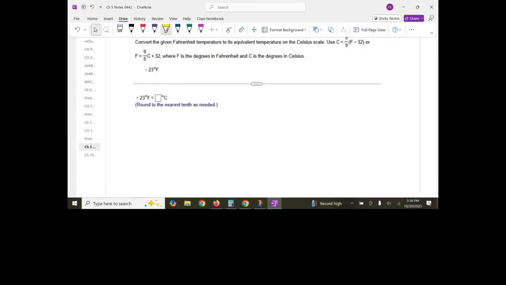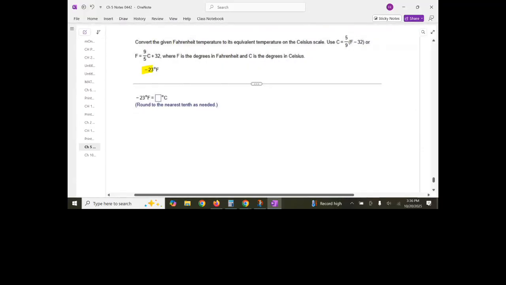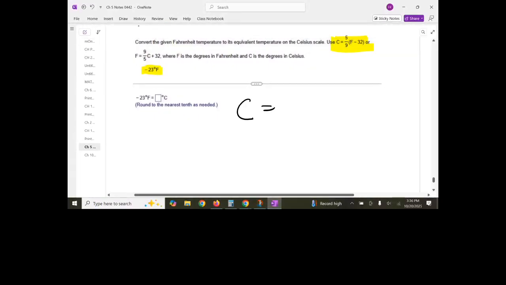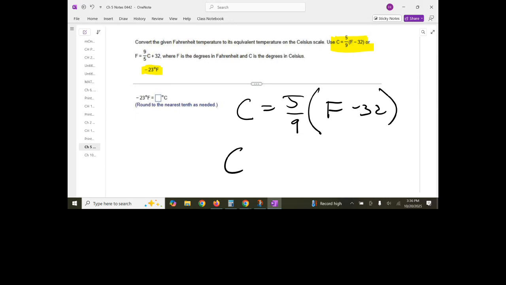So look, y'all, first thing I'm going to do, I'm going to look at this guy right here and say, look, this is the one we want to use because we want to find the temperature in Celsius. Okay. So look, y'all, C equals 5/9 (F minus 32). Okay, 5/9. Boom. They gave me the temperature in Fahrenheit.